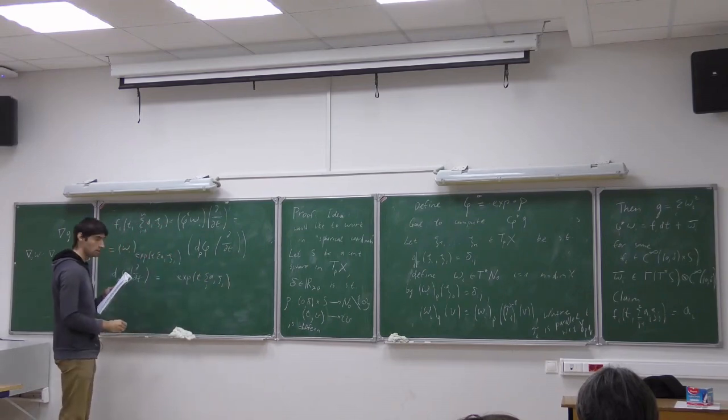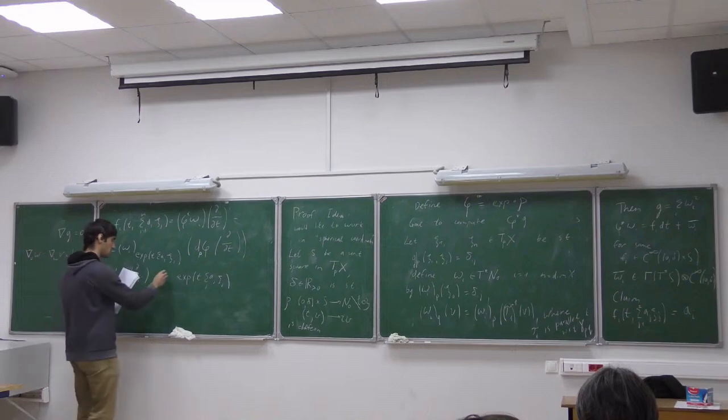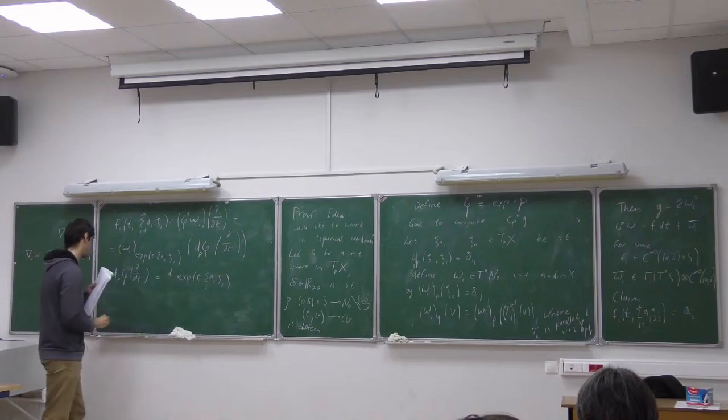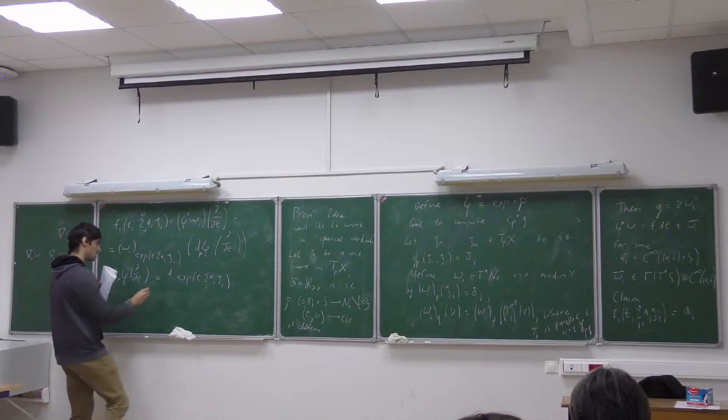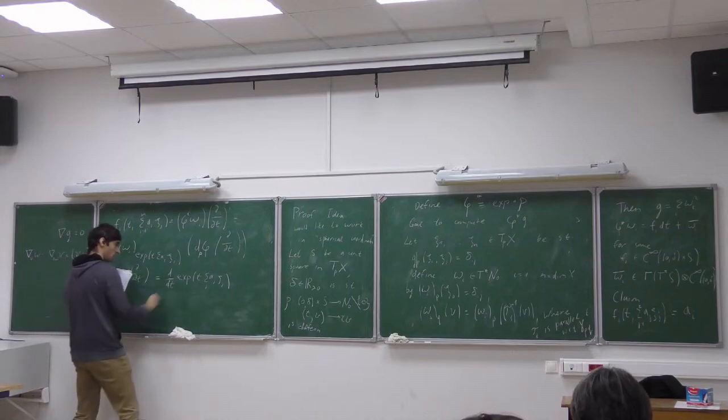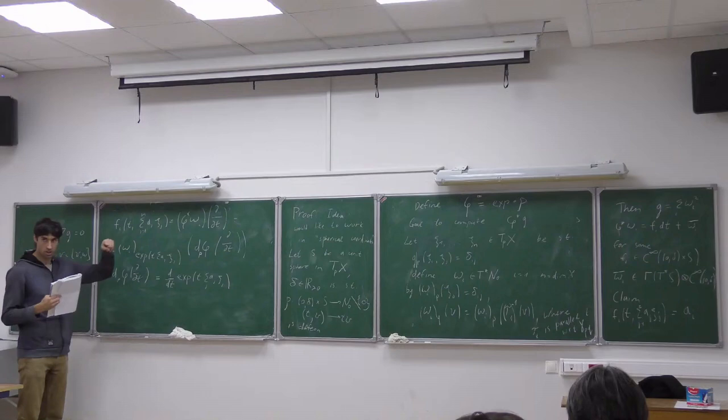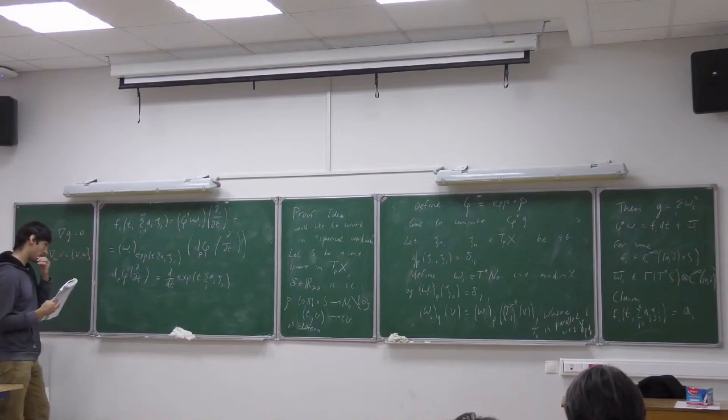So this is a curve in N0, and I would like to compute its derivative. I need to compute the tangent vector of this curve.